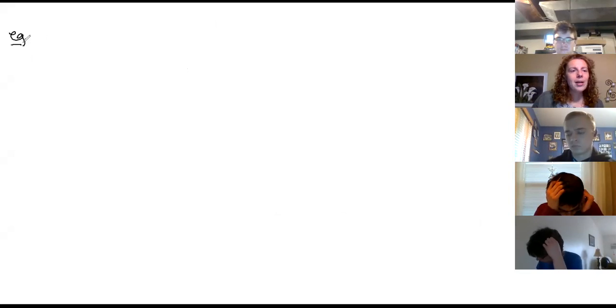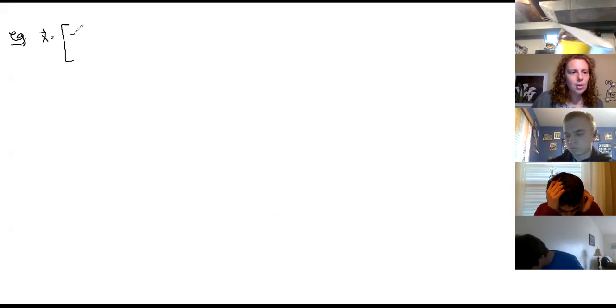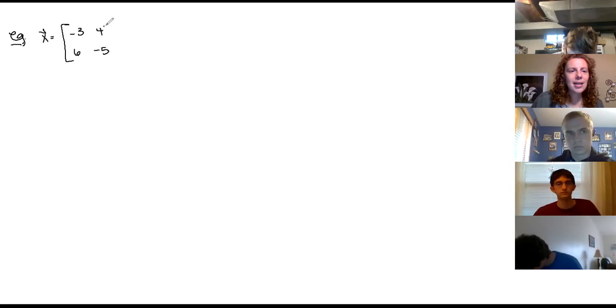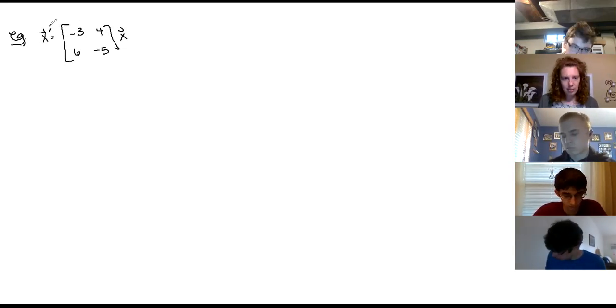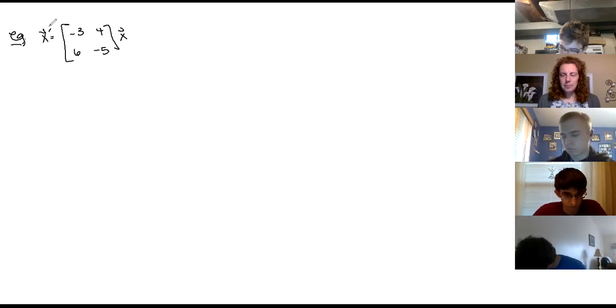Okay, one more. Here's my next example. I'll write it in matrix form right away. Vector x prime equals the matrix -3, 4, 6, -5 times vector x. Okay, jumping in.